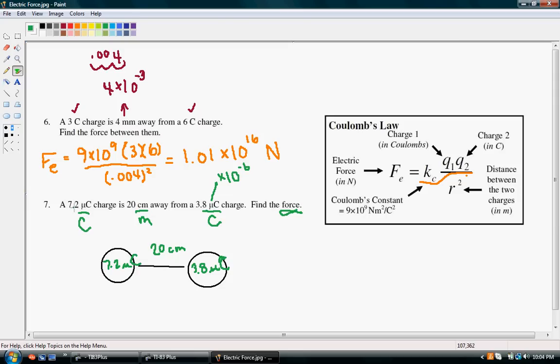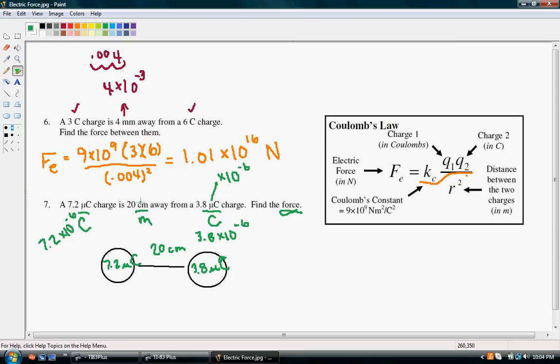Now, we need to convert these, and we could simply say, instead of micro, times 10 to the negative 6. So this will become 3.8 times 10 to the negative 6. And likewise, this 7.2 will become 7.2 times 10 to the negative 6.